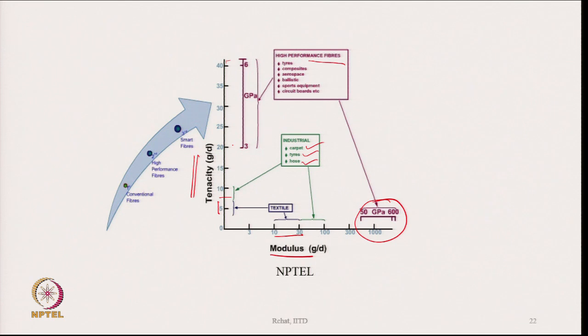So, high performance fibers have very high modulus and very high tenacity, whereas textile fibers for apparel use have a very low modulus and low tenacity. So, you see that with the increase in modulus, the tenacity is also going to increase.